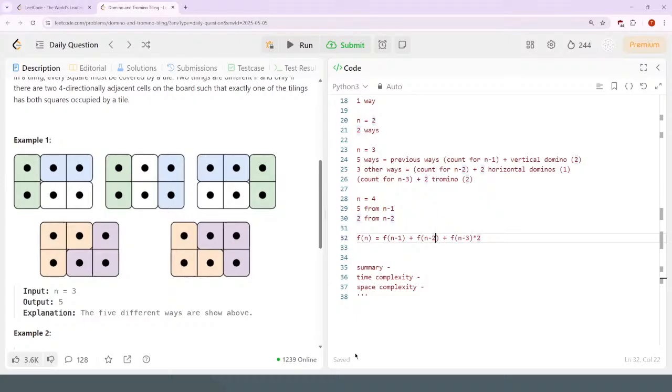So n minus 1 plus a vertical, that should be 5 ways. N minus 2 plus 2 horizontals. And then n minus 3. Is there some other configuration here?